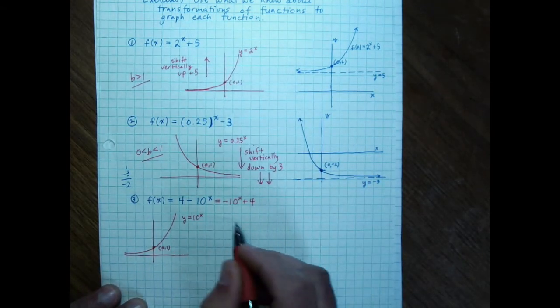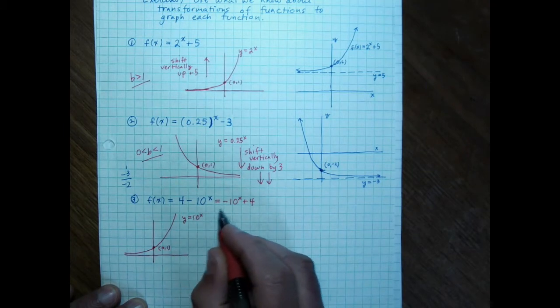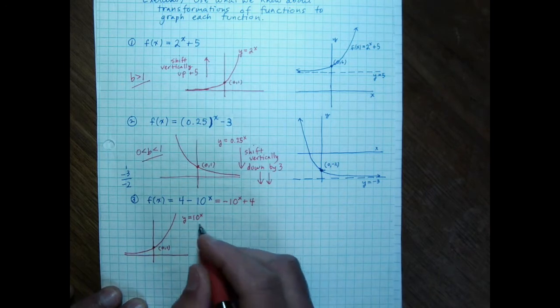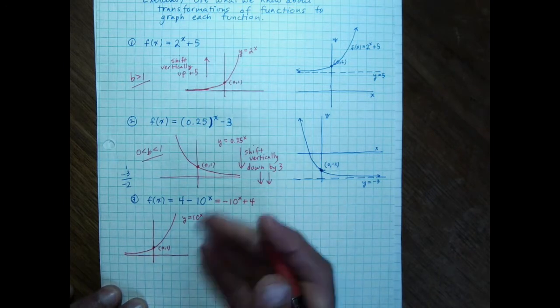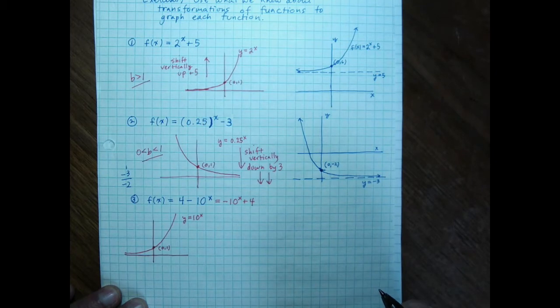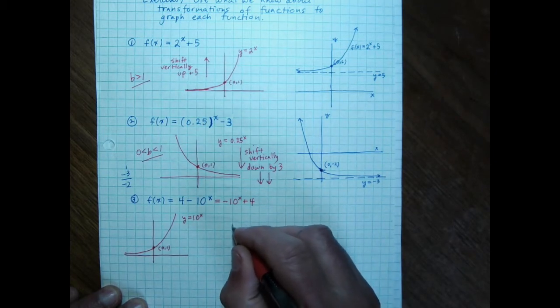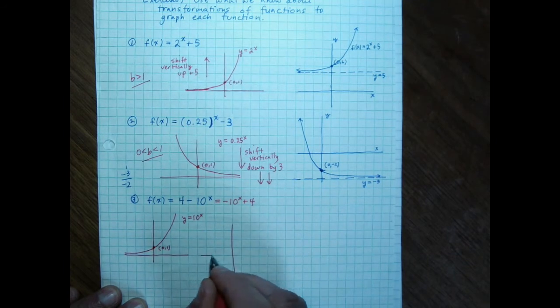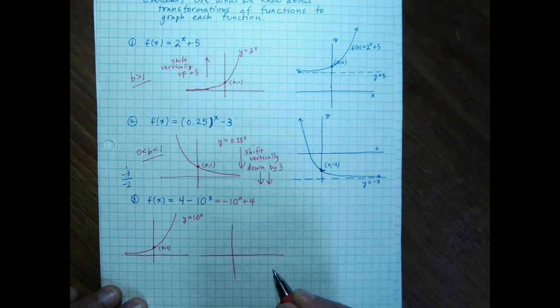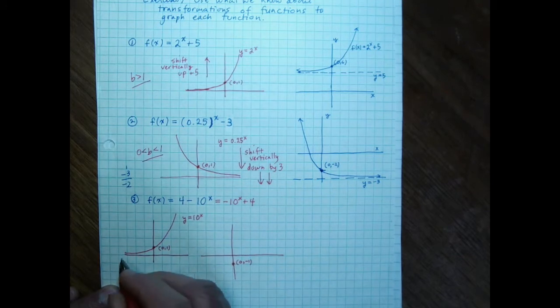And now I'm going to do this in a couple steps, because the next thing I want to think about is what happens if I put a minus sign outside the 10 to the x. Now here's where we got to remember back to chapter 1. We're actually going to reflect through the x-axis. So this 0, 1 point will reflect to 0, minus 1.